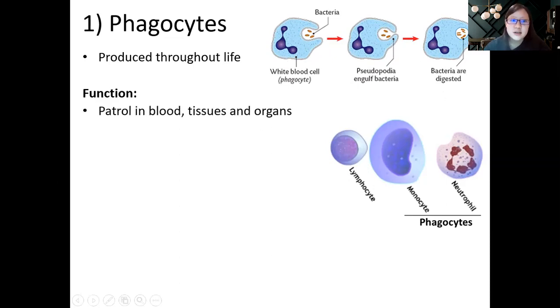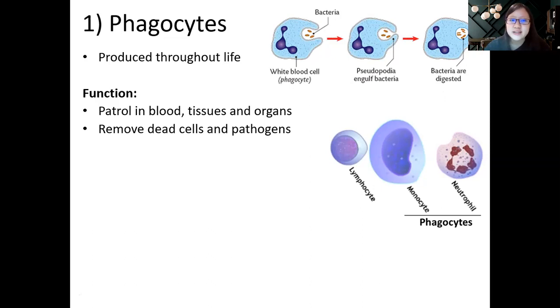Now, the function of phagocytes in particular, different from lymphocytes, is that they patrol blood, tissue and organs, and they remove dead cells and pathogens. Think of them like the police, who are driving the police cars around trying to see if there is anyone who breaks the law. Now, phagocytes are the same, right?